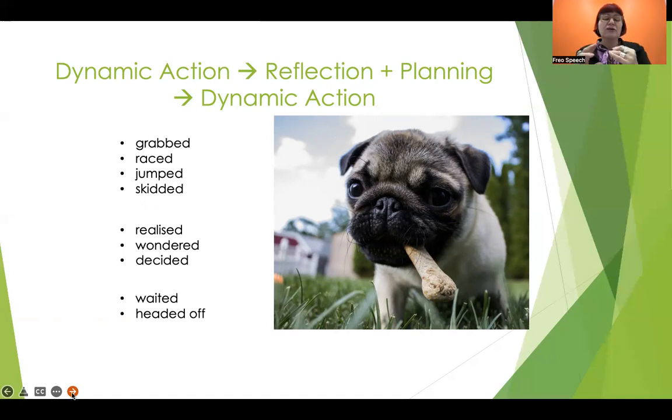So now you've got, he realised, which is some reflection, and then wondered and decided are planning. And now you can go back in: after he waited for an hour, he headed off at great speed and fled home with the bone still in his mouth. So you break up the dynamic action with reflection and planning through those mental verbs.